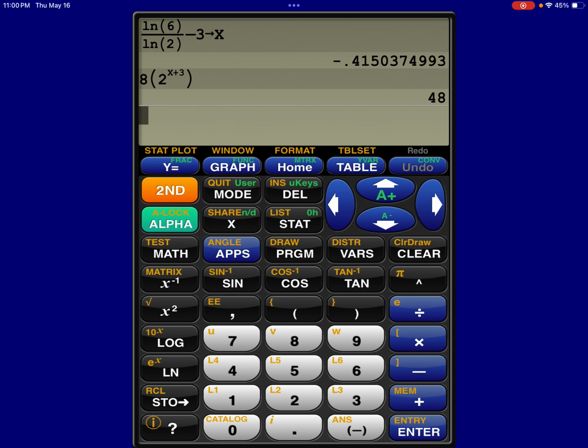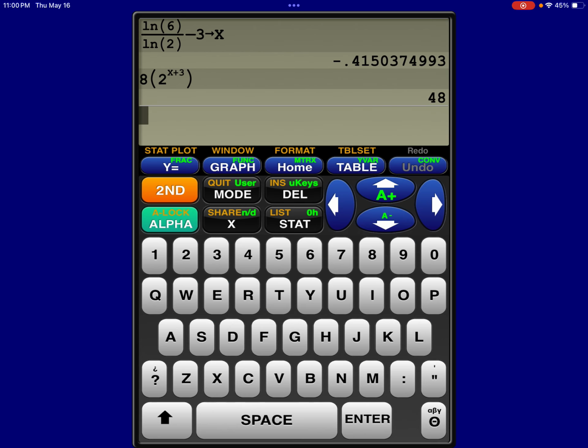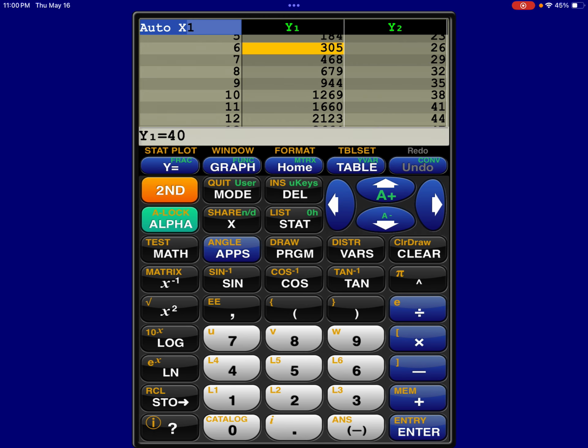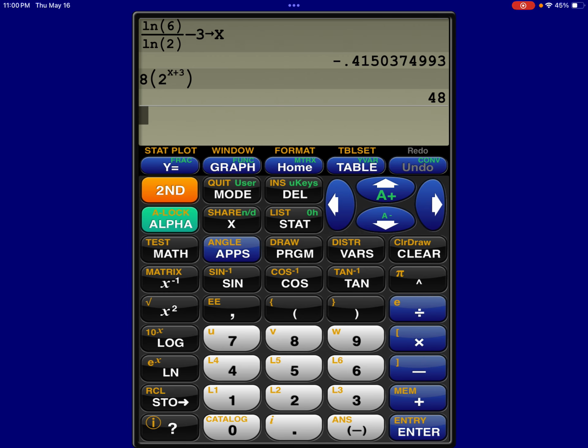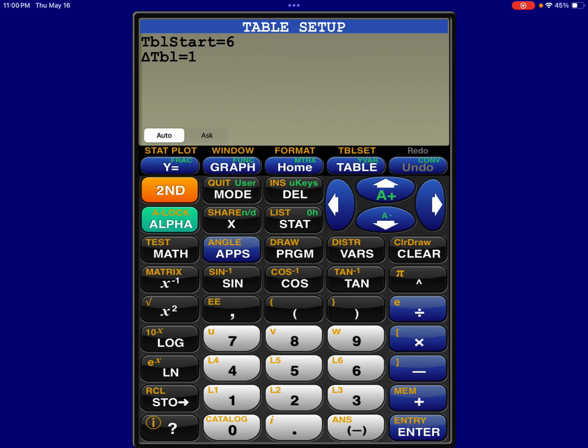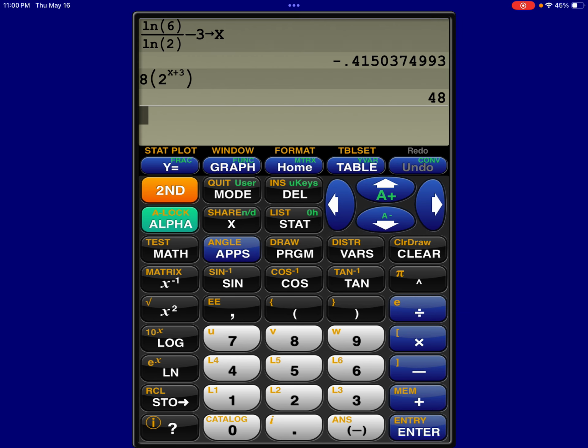Graph, calc, where is it on here? Sorry, give me a second here. Second trace. Nope, that's not it.